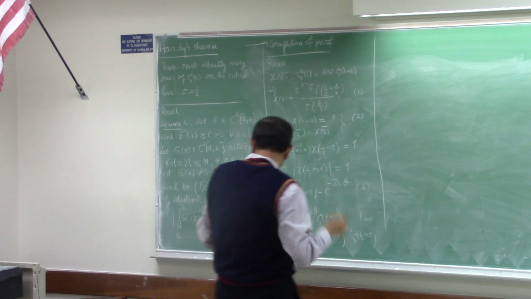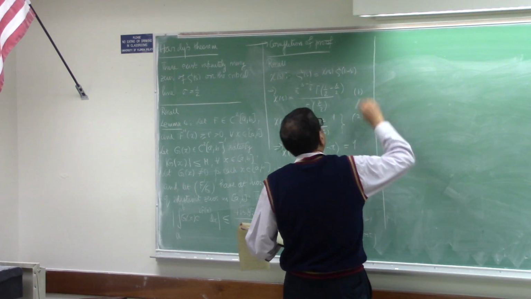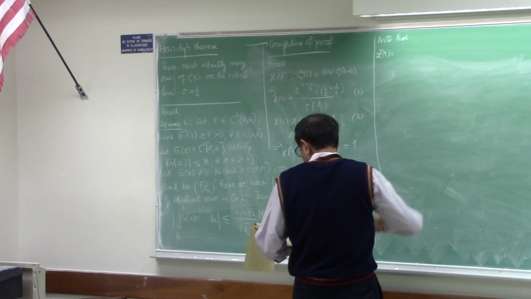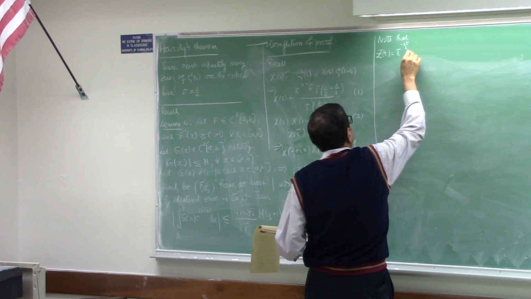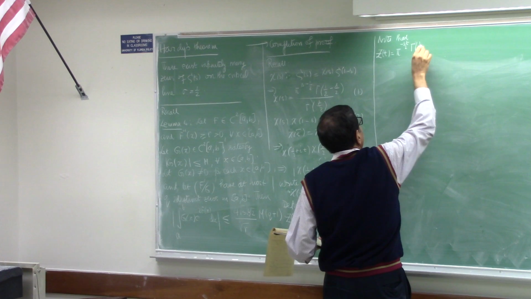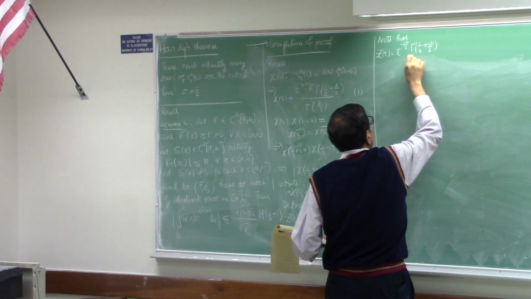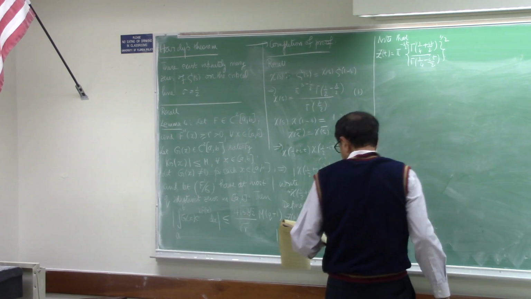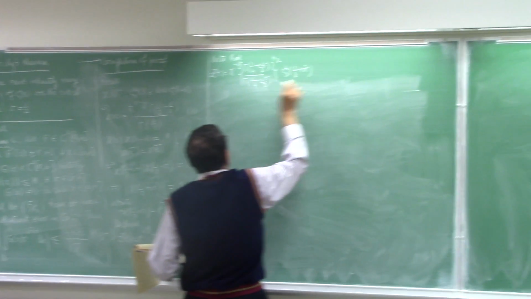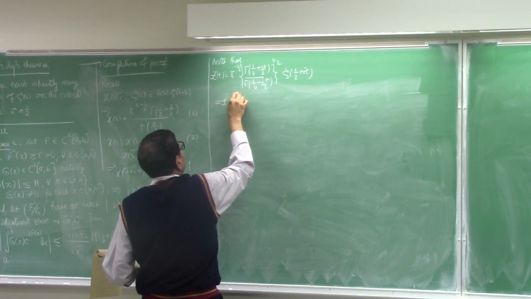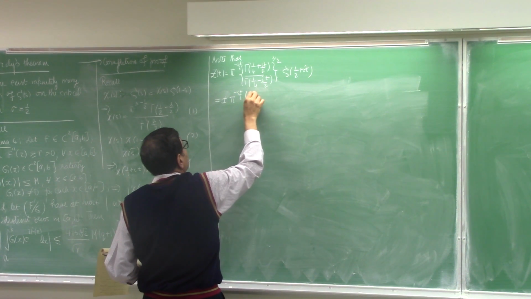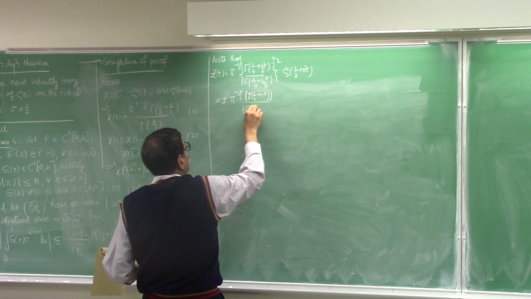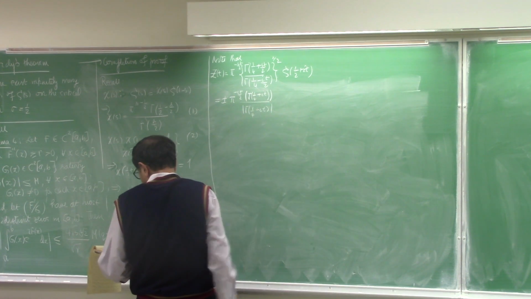And from this, we deduced, so note that Z(t) by this definition turned out to be pi to the minus it over 2 gamma(1/4 plus it/2) over gamma(1/4 minus it/2) to the power of half times zeta(1/2 plus it), which we also could write as plus or minus pi to the minus it over 2, and then we put gamma(1/4 plus it/2), and divide by the absolute value of gamma(1/4 minus it/2), which is the same as gamma(1/4 plus it/2).